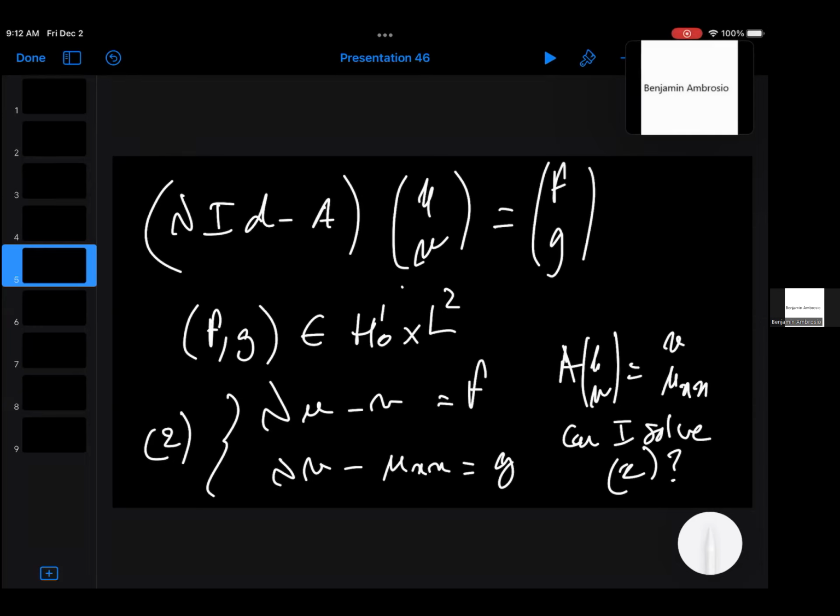If you multiply the first equation in system 2 by lambda and sum it with the second equation, what do you obtain?